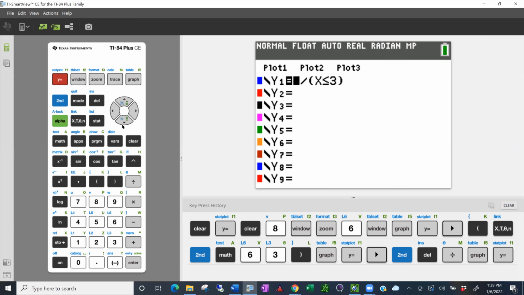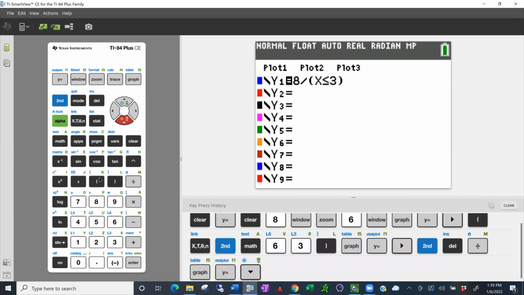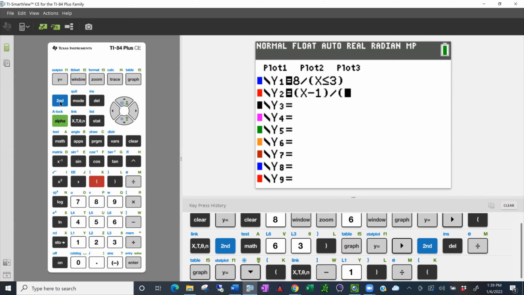Let's add in the other part of this graph, which is parentheses x minus 1 divided by, and here I want x to be greater than 3. So I'll put in my parenthesis there. Then x, go to the test menu. Let's just clear this out.